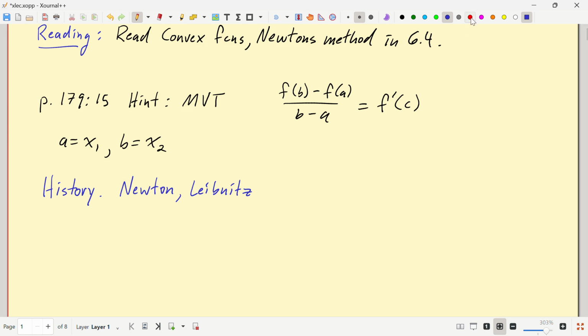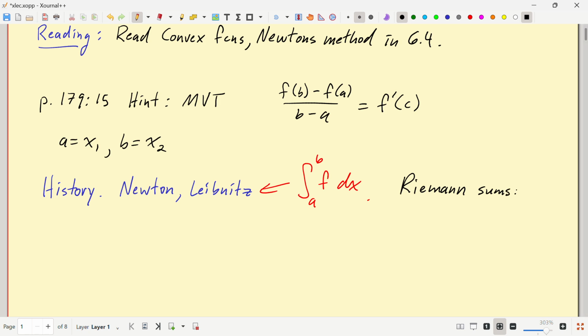Leibniz was the one who came up with this S for sum, f dx. And of course, they were thinking in terms of Riemann sums to get the area under curves.